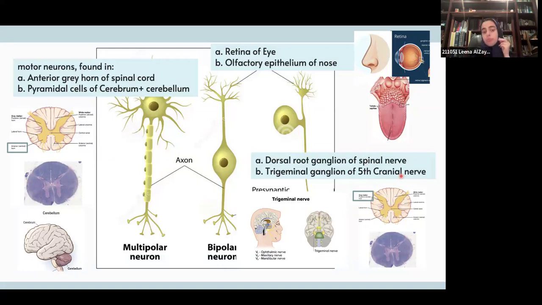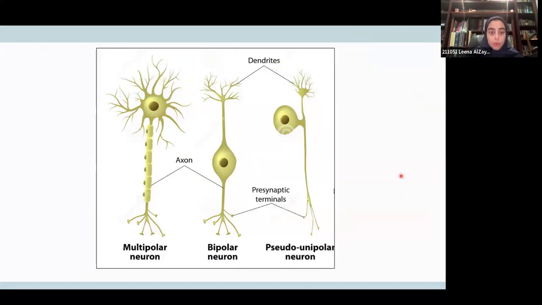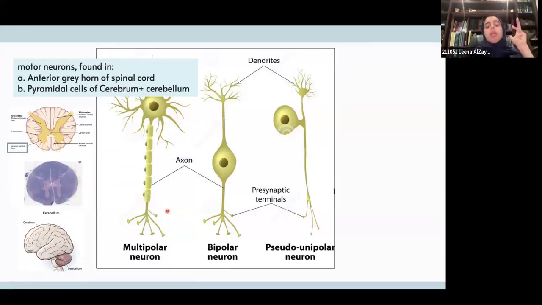And basically, because the trigeminal has motor, but mainly the thickest part of it is sensory, it's considered a pseudo-unipolar. So again, I want to go back and say multipolar, motor, anterior gray horn, pyramidal cells of cerebellum and cerebrum.